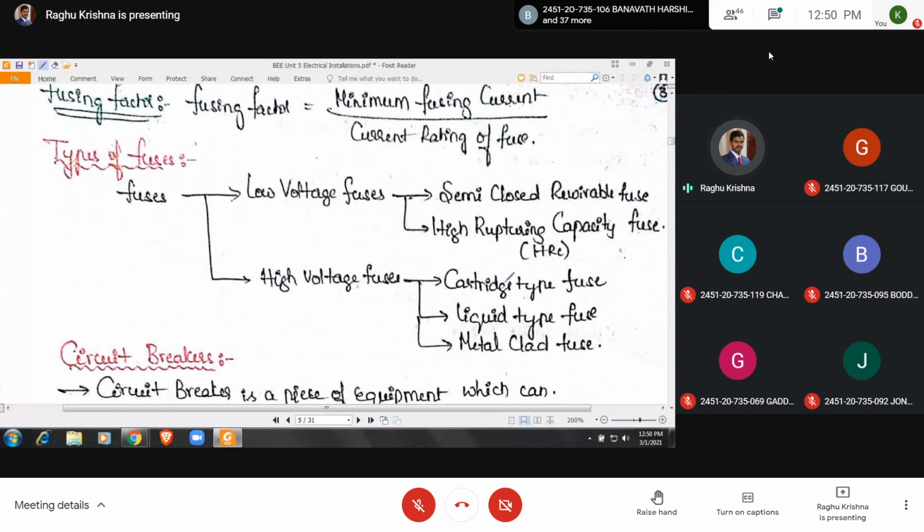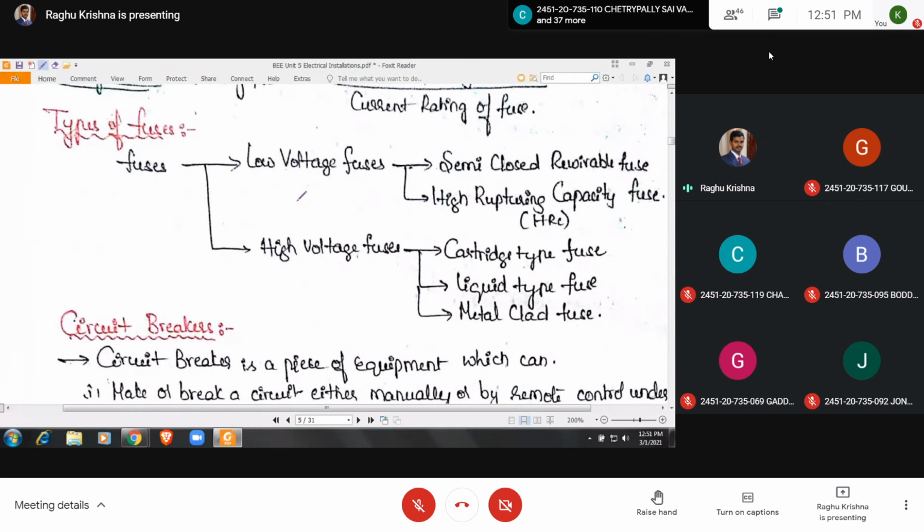Next, types of fuses. Low voltage fuses: the semi-closed rewirable fuse and the high rupturing capacity fuse, the HRC fuse, come under low voltage fuses. Next, coming to the high voltage fuses: cartridge type, liquid type, and metal clad fuse.